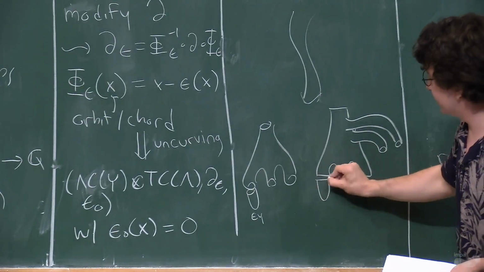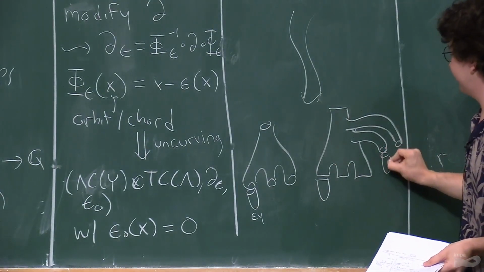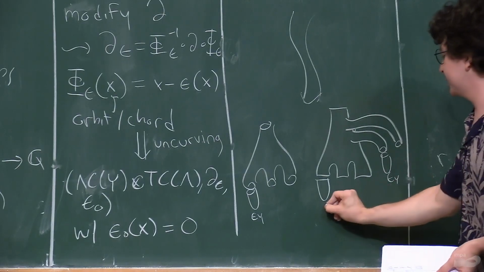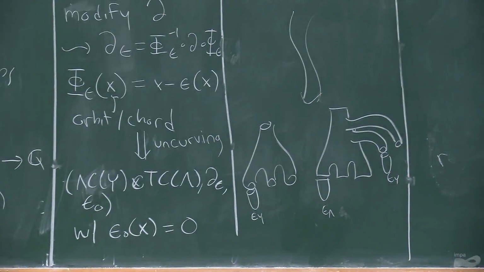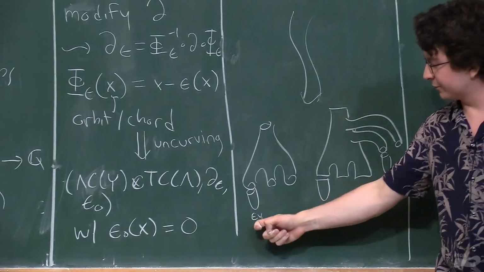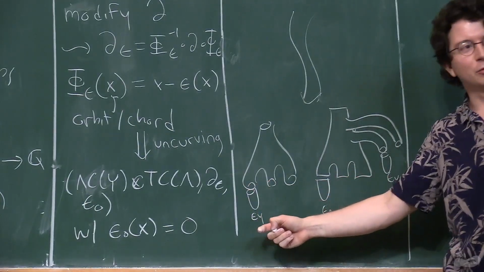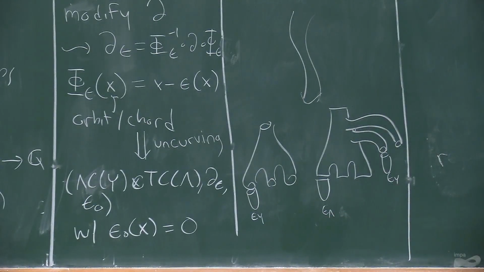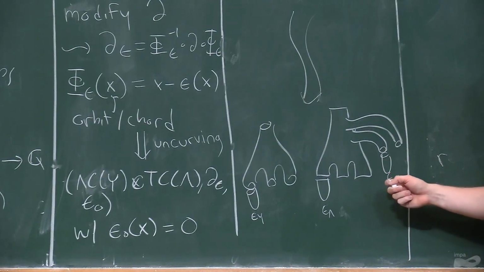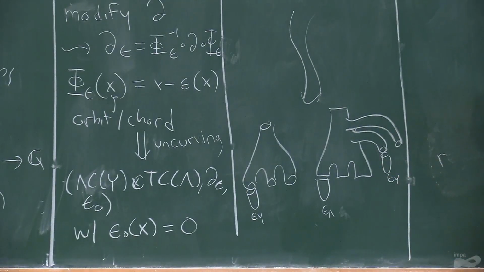It's like I'm virtually capping off these outputs by holomorphic planes or holomorphic disks with one input. Even though there's no real holomorphic curve here, it's nice to think about there being a holomorphic curve there.